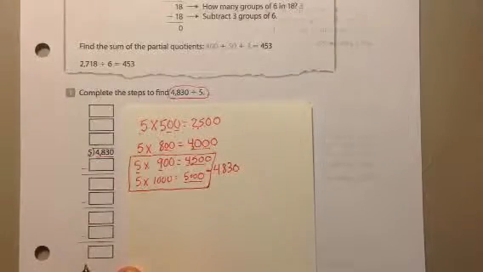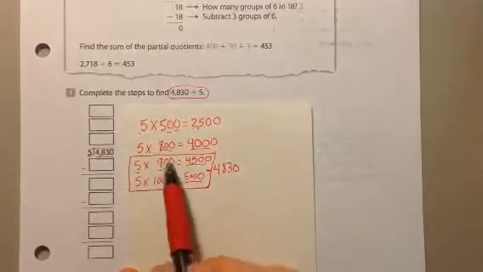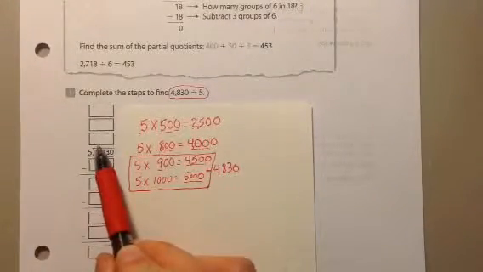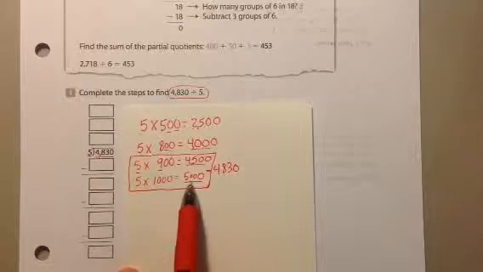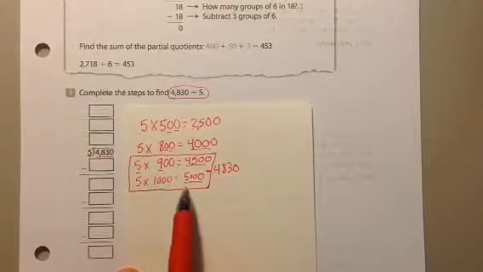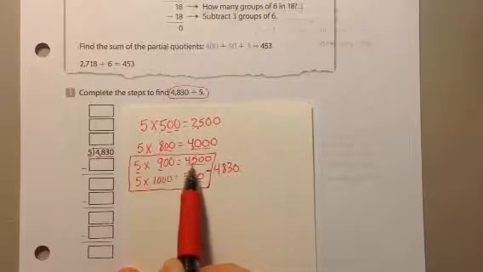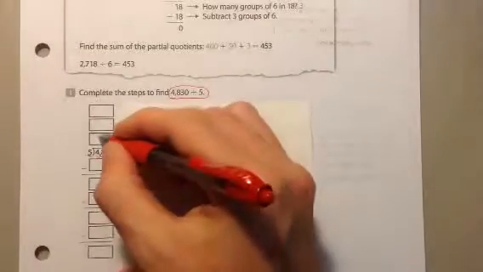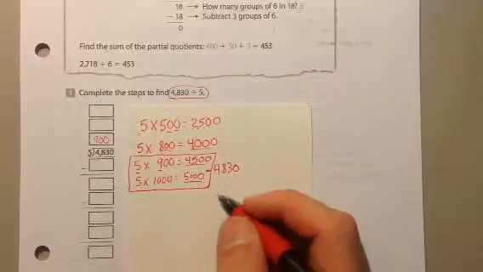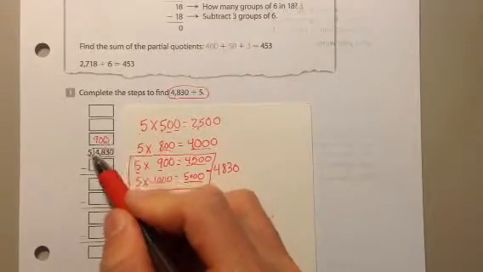Once I have those equations identified, I can look at my multiples and figure out which multiple of 10 is going to be my first partial quotient. If I use 1,000, I'm going to get a product of 5,000, which is greater than my dividend, so I can't use it. But if I use 900, I'm going to get a product of 4,500, which is less. So I can use 900 as my first partial quotient, multiply 900 times 5.